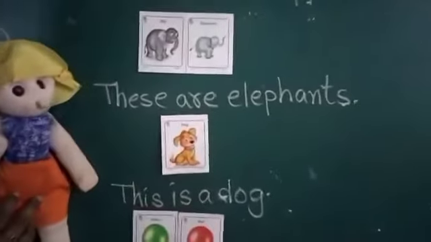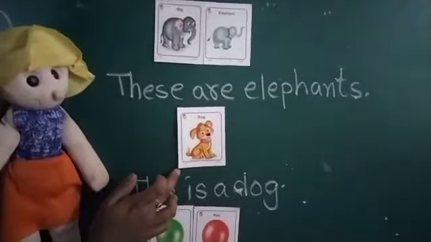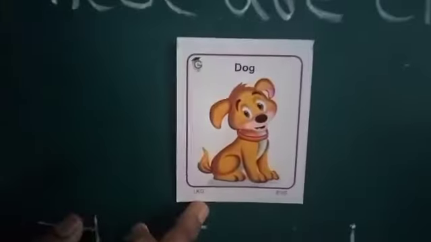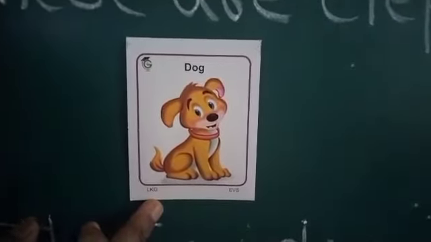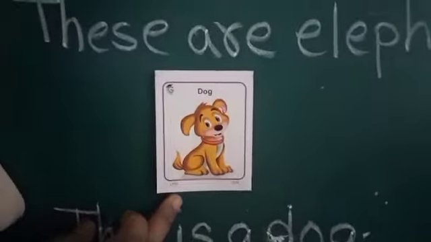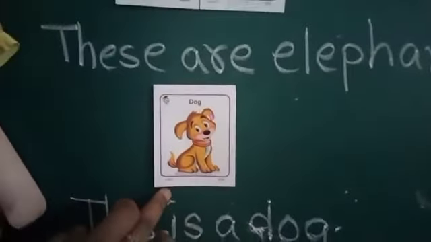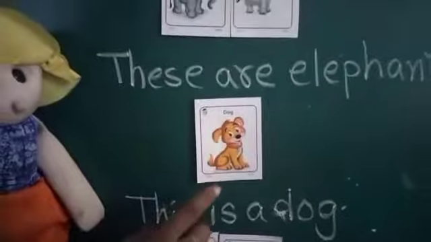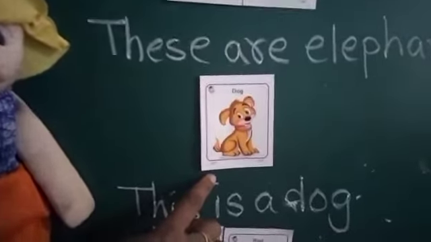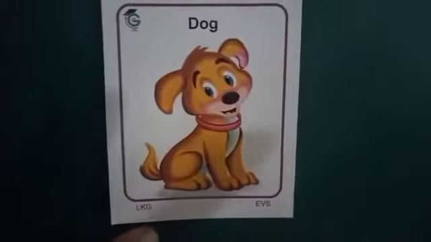Next, Dolly is going to tell about this picture. What is this picture? Can you recognize? Very good. It is a dog. See. Here, how many dogs are there? Only one, more than one? Very good.